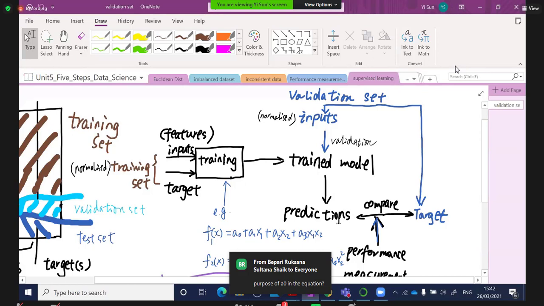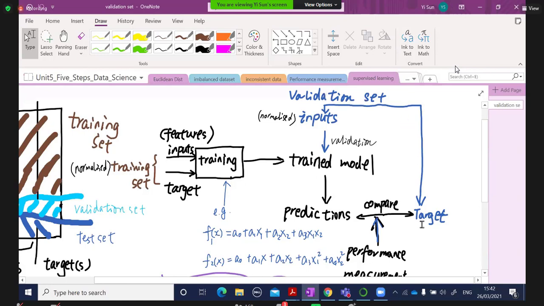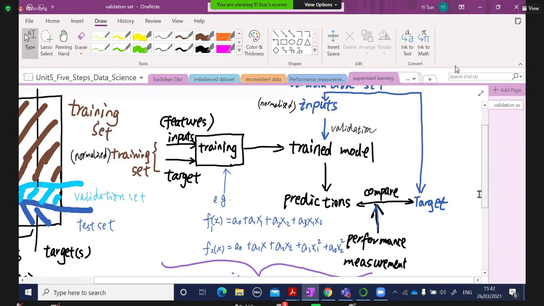Predictions will be compared with the target from the same validation set. How do we compare them? We can use mean squared error if it is a linear regression problem. We can use accuracy rate or confusion matrix if it is a classification problem. After we do the whole thing here, now we move on.